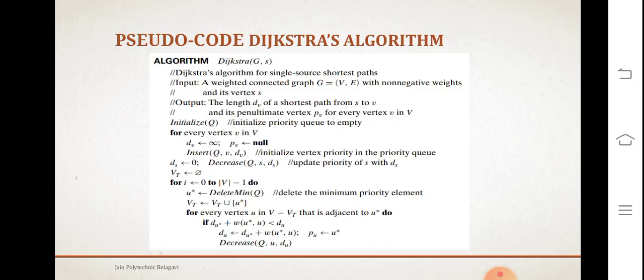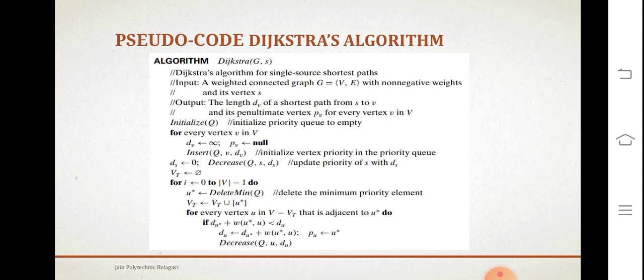Then we have a pseudocode for this Dijkstra algorithm. It takes a graph as input and a vertex S as the source vertex. Dijkstra(G, S) is a function that implements the Dijkstra algorithm for single source shortest paths.